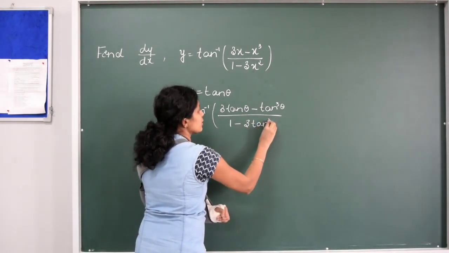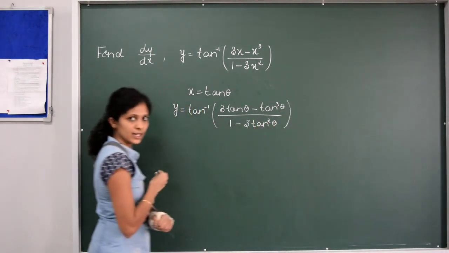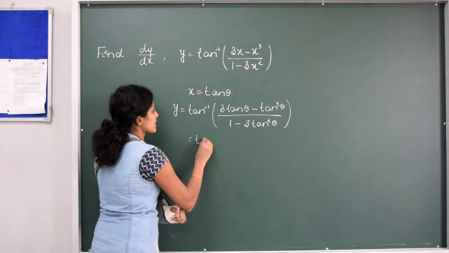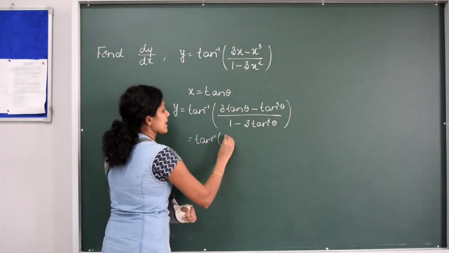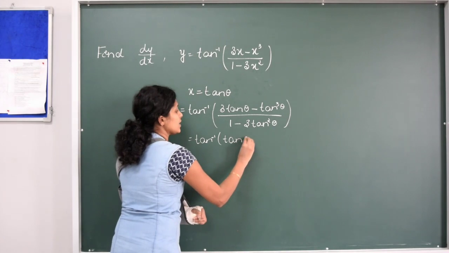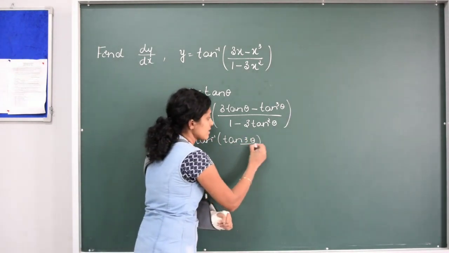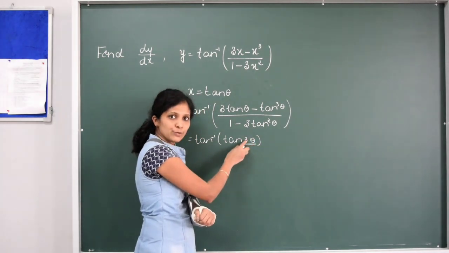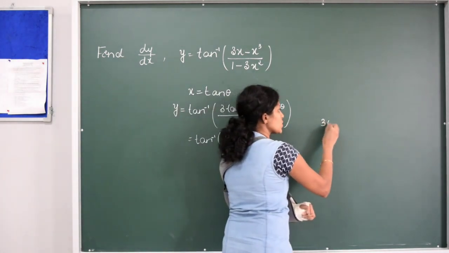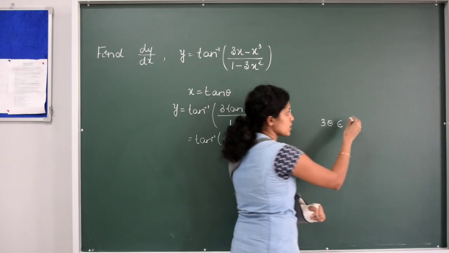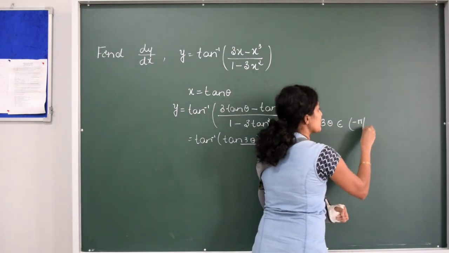Now this is the formula for tan 3 theta, right? So directly we can write this as tan inverse of tan 3 theta. Is it clear? Tan inverse of tan 3 theta. Here you have to observe this one, tan 3 theta is there. The value of 3 theta should belong to the restricted domain of the tan function, which is minus pi by 2 to pi by 2.